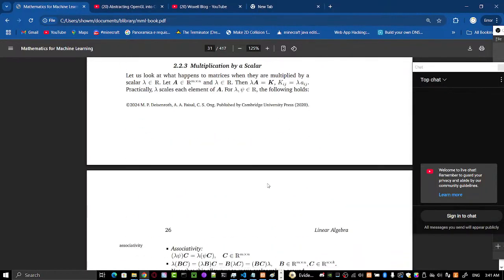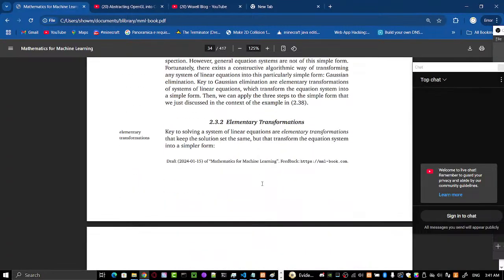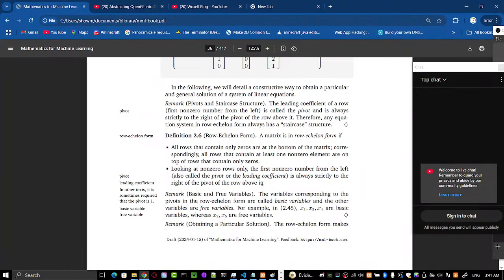Look at this. Apparently the row echelon form is always strictly to the right of the pivot of the row above it.